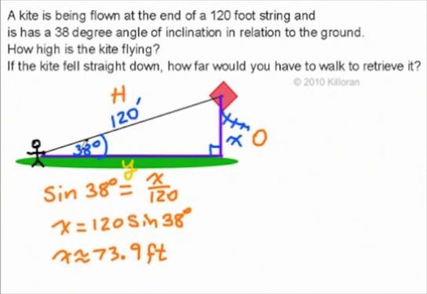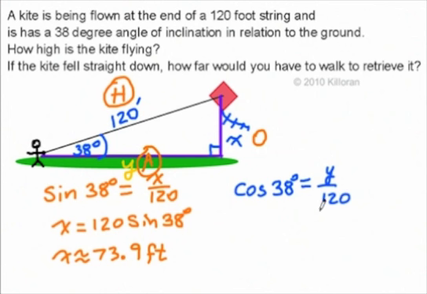So the function that associates that, this side is called the adjacent side. And we're going to be looking at the adjacent and the hypotenuse and that angle, which would be a cosine function. So we would do cosine of that angle, 38 degrees, is equal to y over 120 for the hypotenuse.